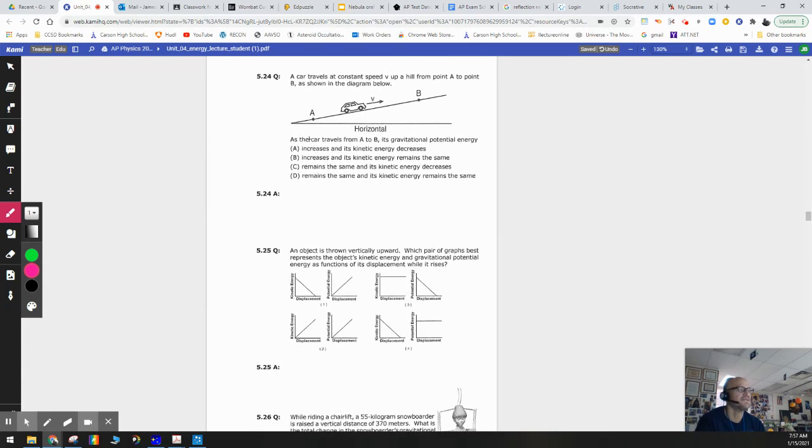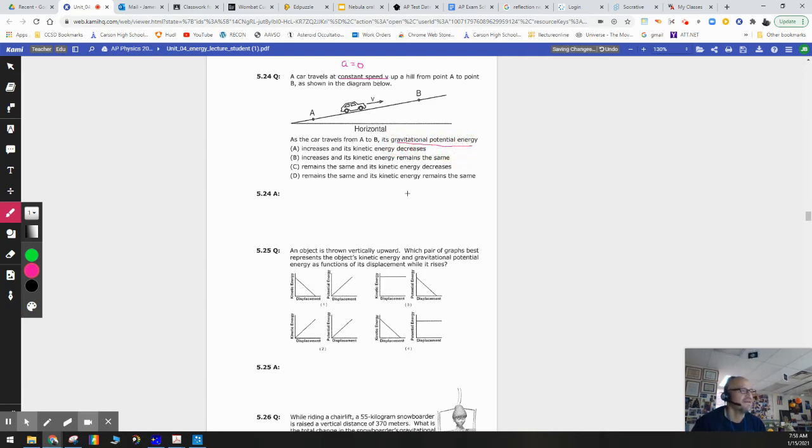Okay, 5.24. A car travels at constant speed v. So if we do that, what do we know about the acceleration? It is 0. A car travels at constant speed up a hill from point A to point B, as shown in the diagram below. As the car travels from A to B, what's happening to its gravitational potential energy?